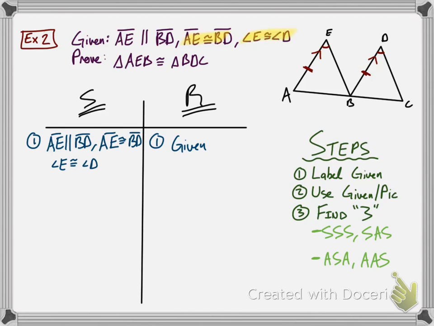So the given is actually pretty friendly to us here. They give us 2 out of the 3 pieces of information that we need. So we just need to find one more thing to use one of our shortcuts. And we're going to use these parallel lines along with the transversal as side AC.